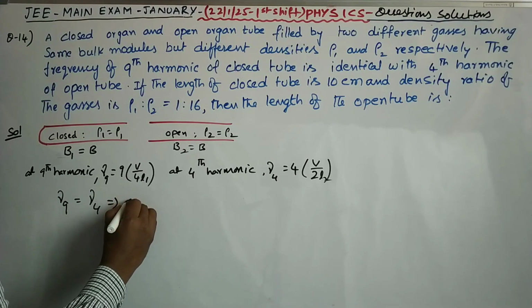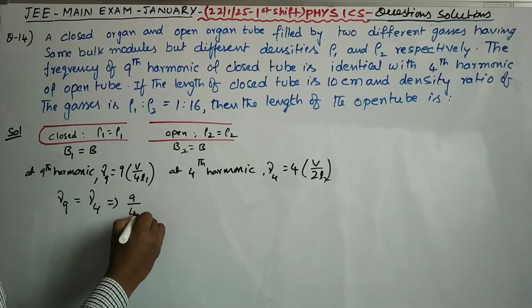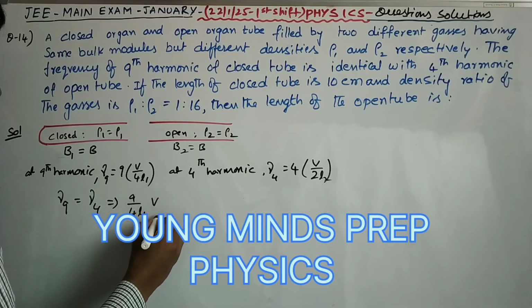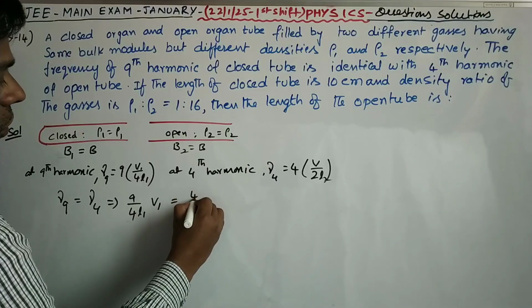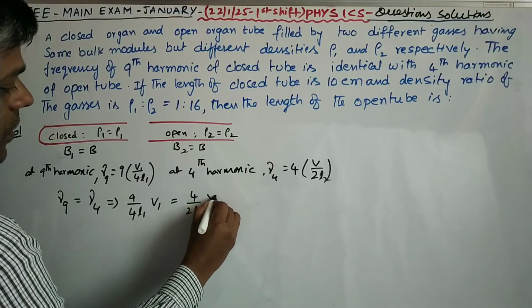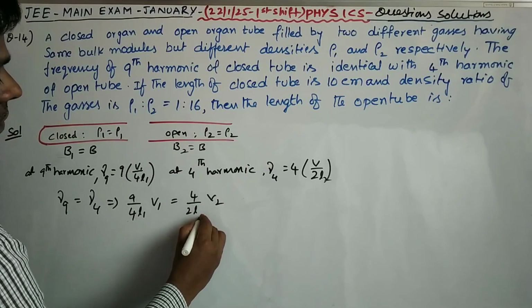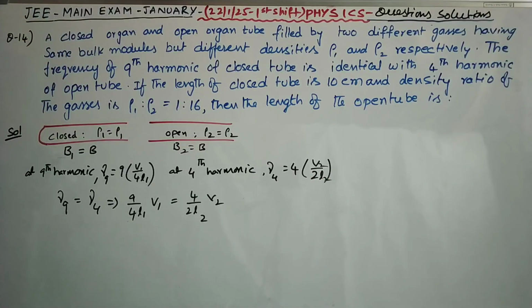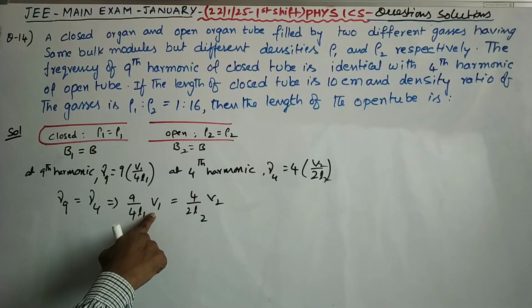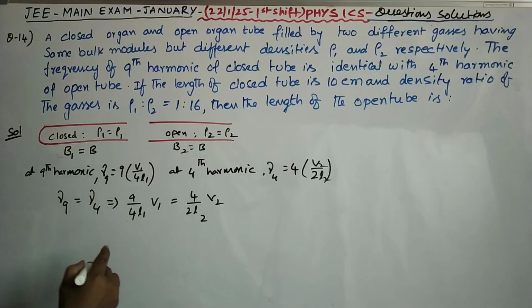That implies 9 by 4L1 into V1 is equal to 4 by 2L2 into V2. Isn't it? Right. Moreover, what is the velocity of a gas?